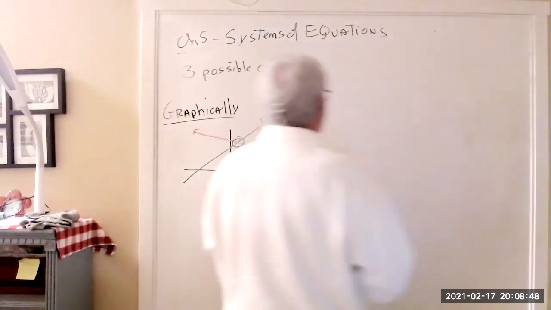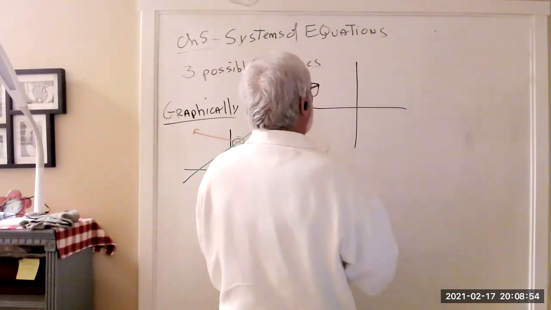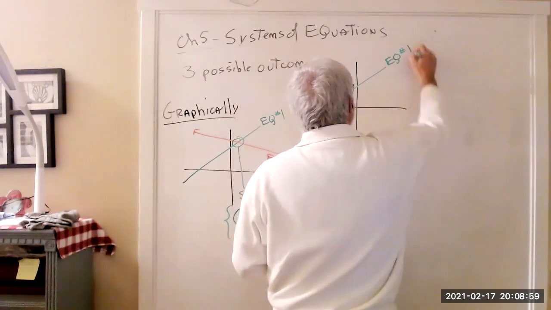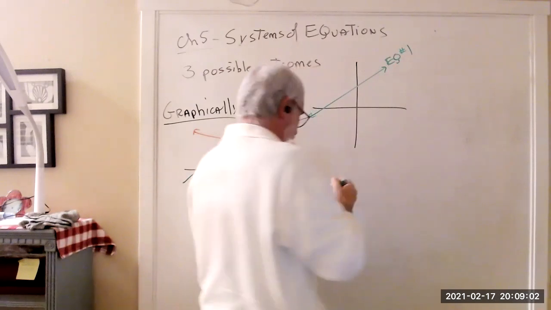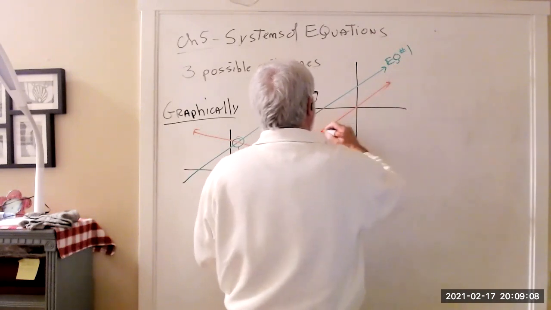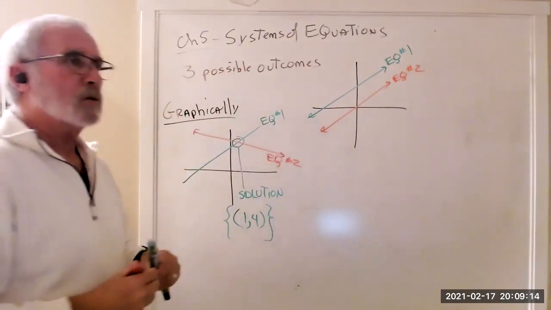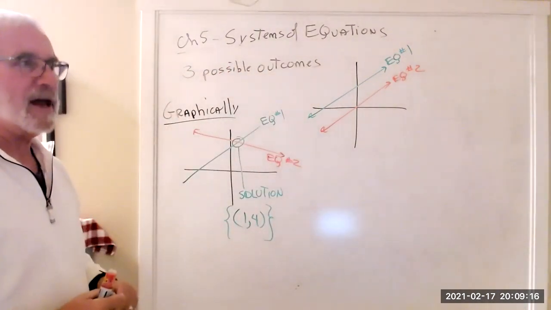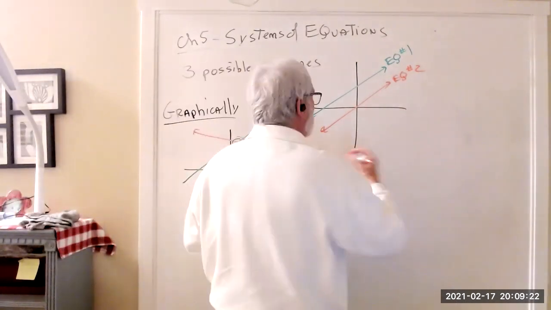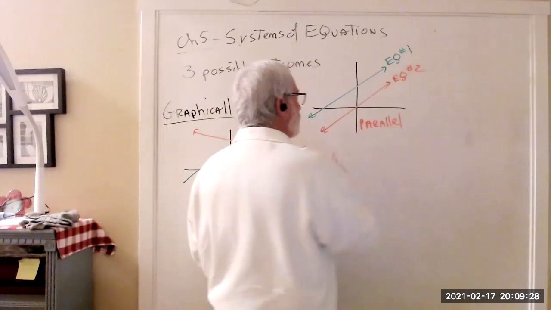Now, there's another possibility. What if you graph the line? And here's equation number 1. I'll get out of the way in a second. So you graph equation number 1, and then you graph equation number 2. And the graphs look like that. Okay. Well, these would be parallel lines. Okay.